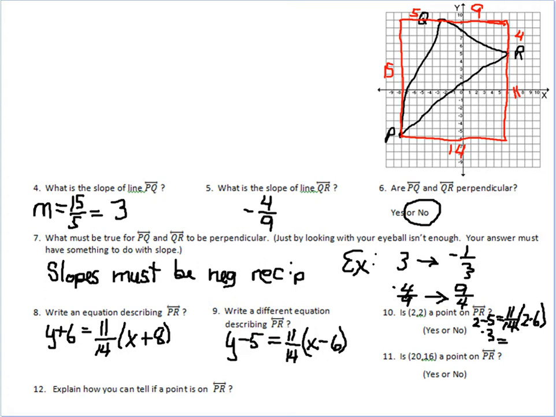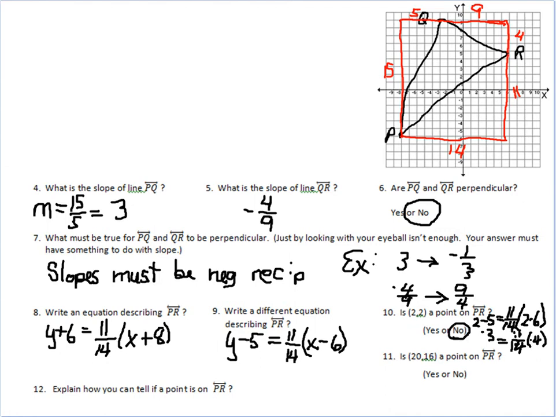Is that 11/14 of 2 minus 6, which is negative 4? Okay. That does not multiply together to be negative 3. It becomes 44/14. So the answer to that one is no.